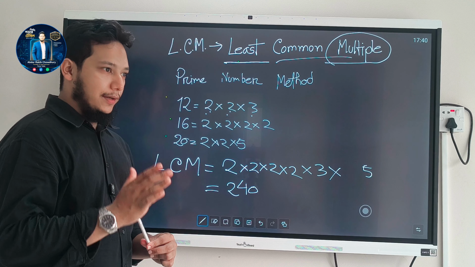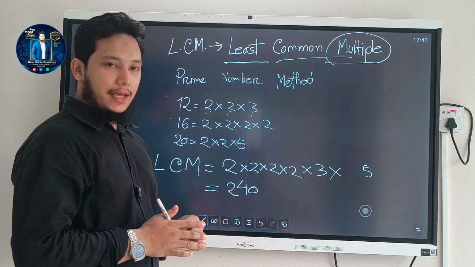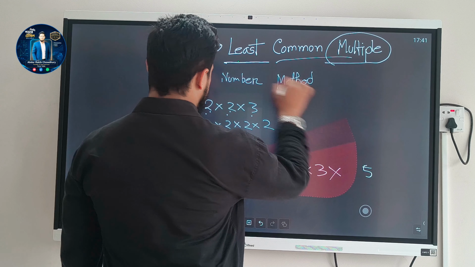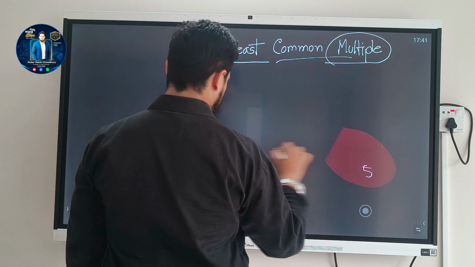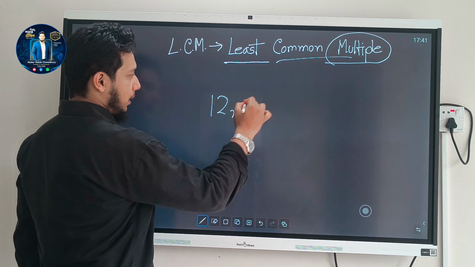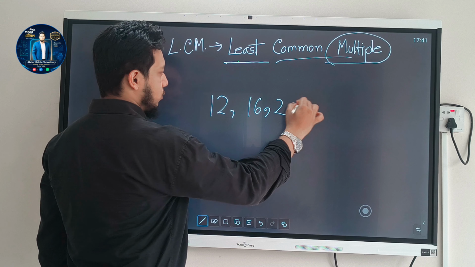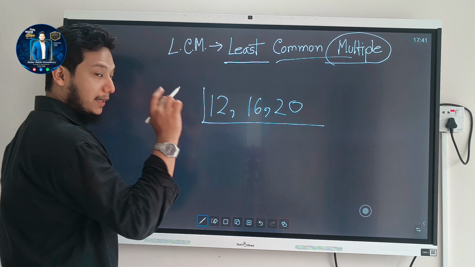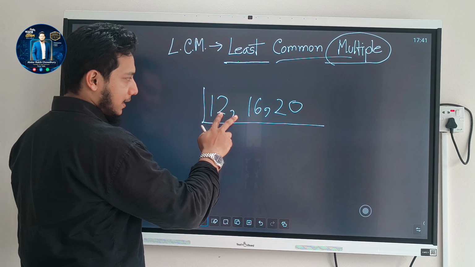There is another quick way to find the LCM. Let's learn that method. We had 12, 16 and 20. Take a prime number that can divide at least two of them.